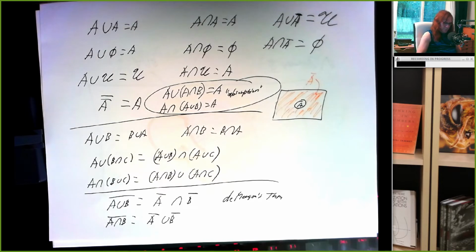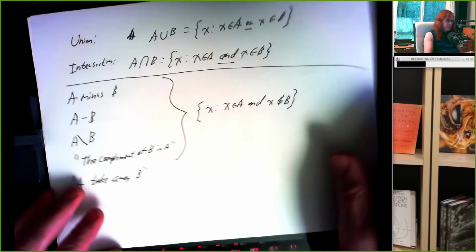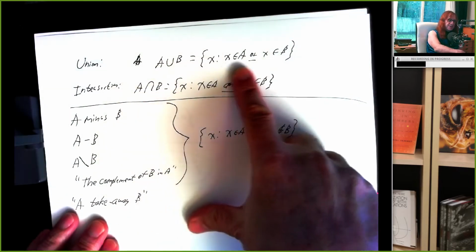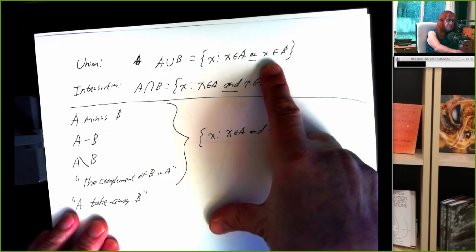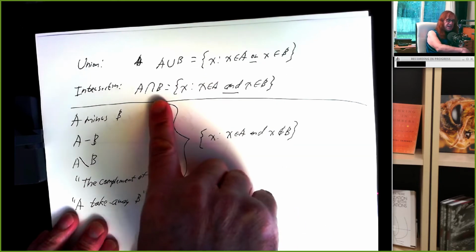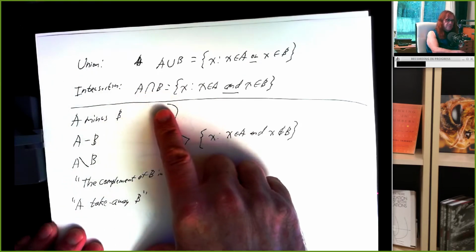I'm sorry, I missed like the first 30 minutes. I know what union is, intersection. Can you just go over that again, please? Yeah, so A union B is a set of all things that are in A or in B. So that's the union. The intersection, the upside down U, is a set of things that are in A and also in B. Okay, so it's just or and and.